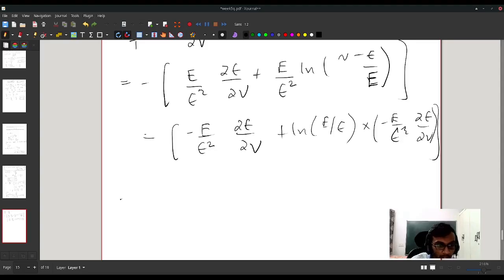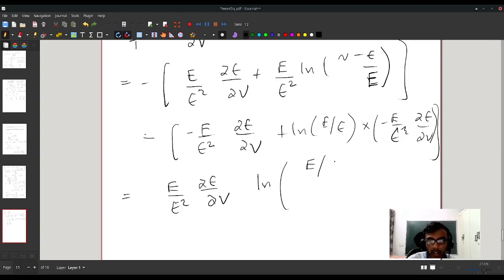This is just taking the derivative, and then we can simplify this now to see that this is going to be E by epsilon squared ∂epsilon/∂V times log of (epsilon by E divided by N minus E by epsilon).